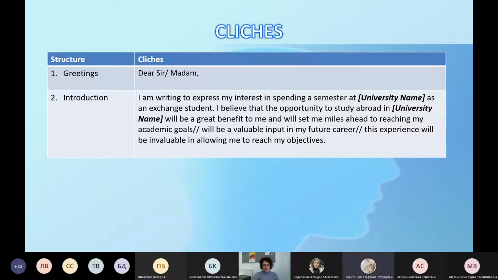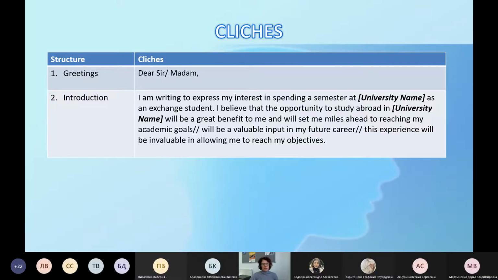Yes, I have a question. Hello. To whom are we writing exactly this letter? To the admission officer in Russia, or to the admission officer in the university that we want to go to? Okay, this letter comes with the pile of documents that you have to submit in order to be nominated for the program, to go through the selection process.